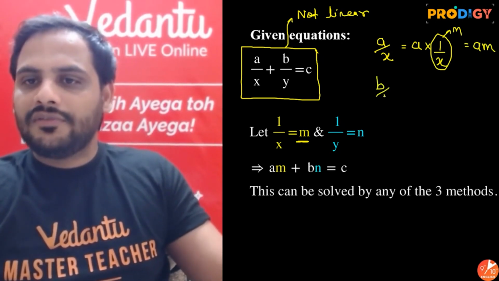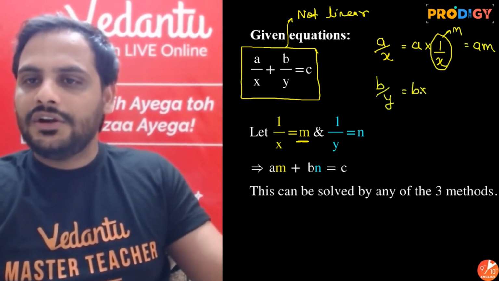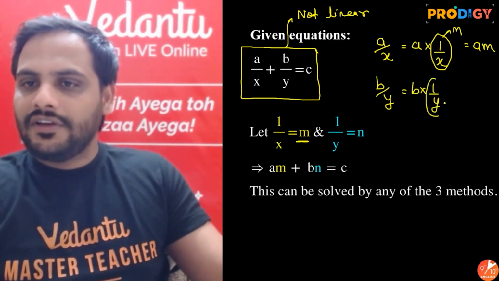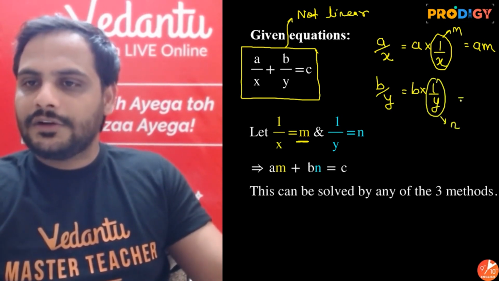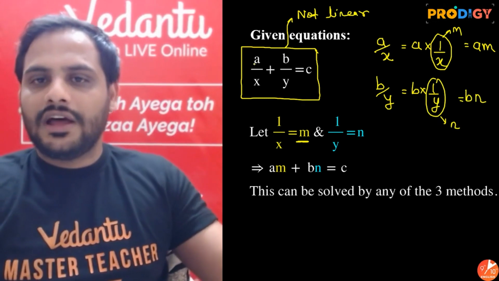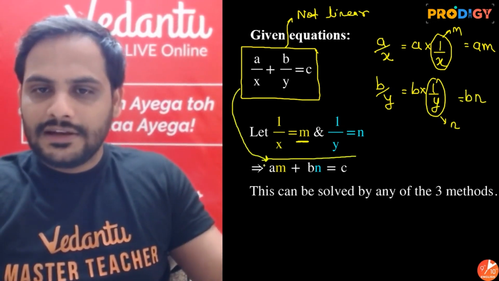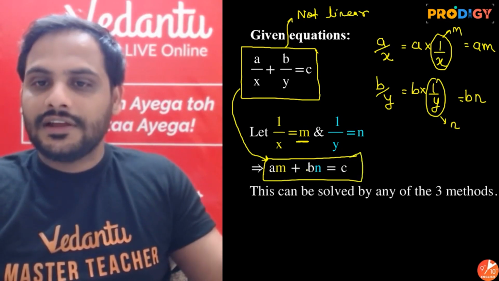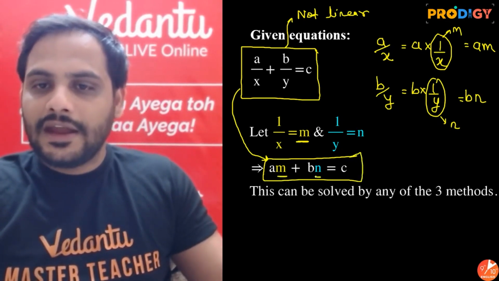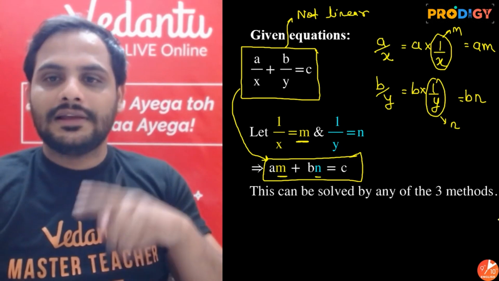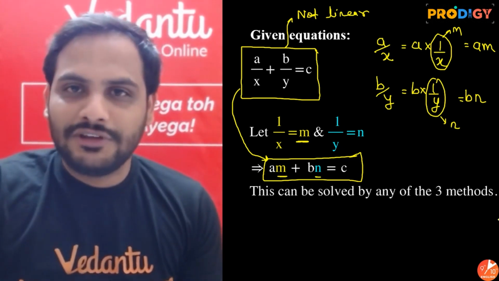Similarly, b upon y, I can write as b into 1 by y. And if I replace 1 by y as n, it will become bn. So now this equation has been reduced to this form: am plus bn is equal to c. And guys, now see, if I take m and n as my variables, this is a linear equation in two variables.